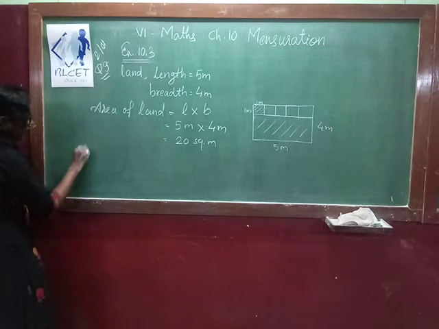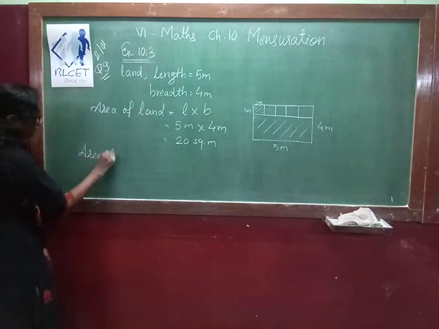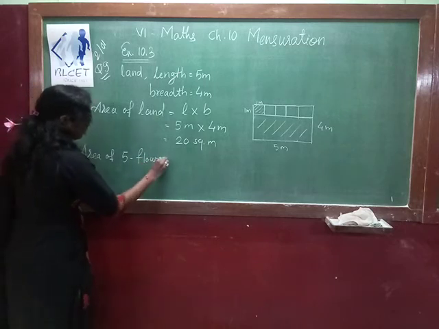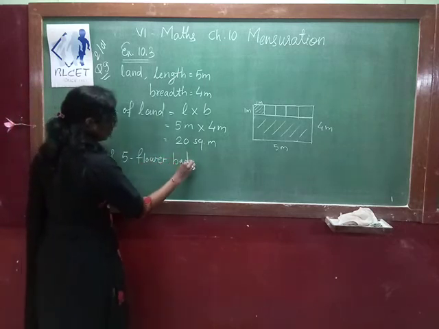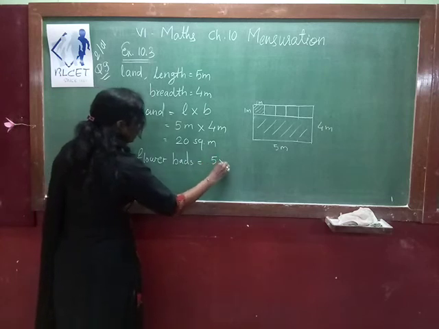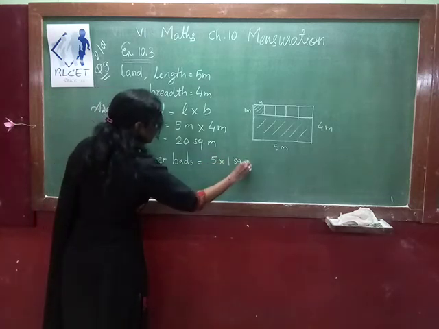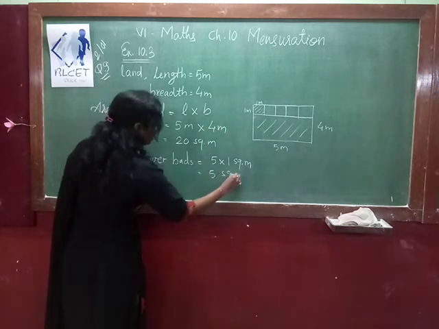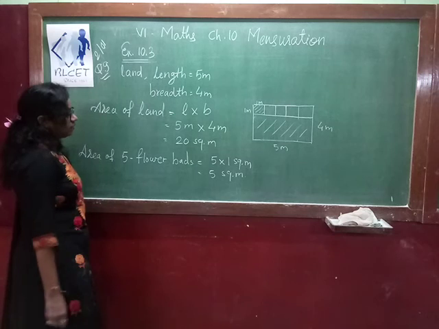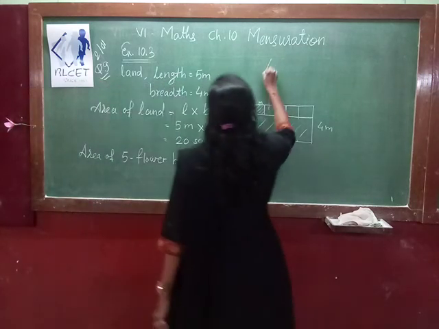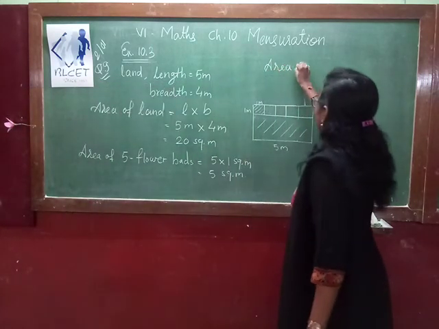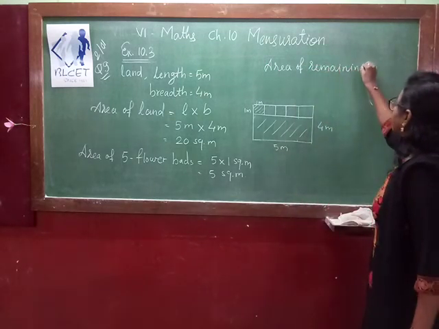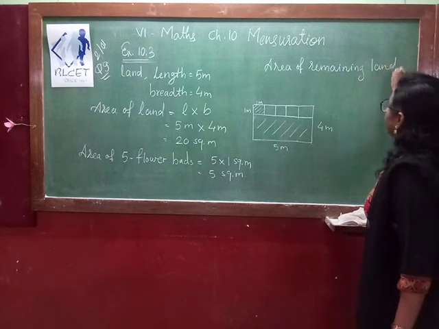Next we will find the area of 5 flower beds, which is equal to 5 multiplied by 1 square meter, as the area of 1 flower bed is equal to 1 square meter. So now the difference, the area of the remaining land, is equal to what?